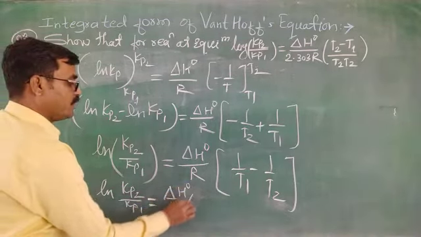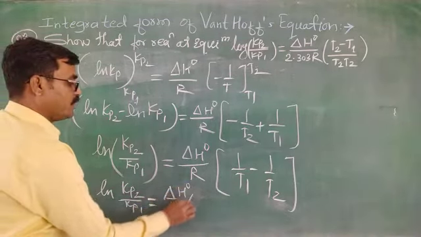Further, log to the base 10 of Kp2 upon Kp1 is equal to delta H0, with 2.303 R cross-multiplied to the denominator, in this way. This integrated form is very useful to solve numericals based on Van't Hoff's equation.